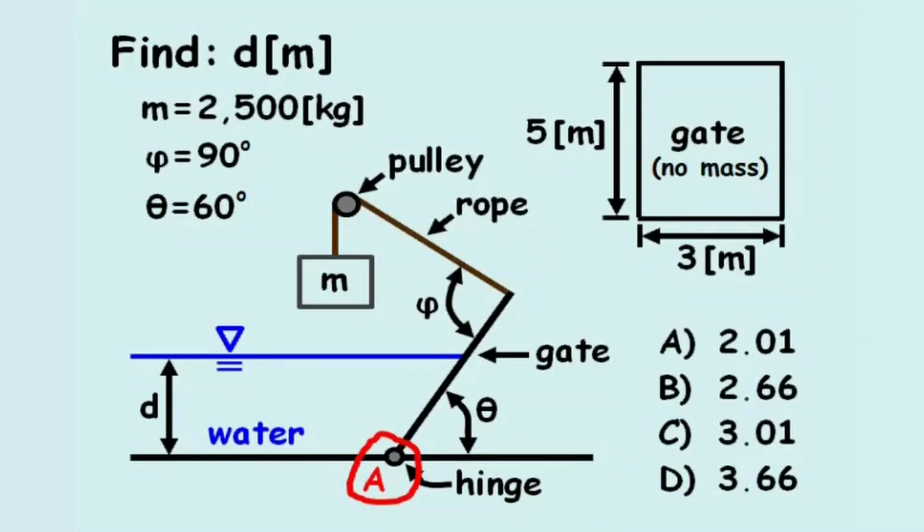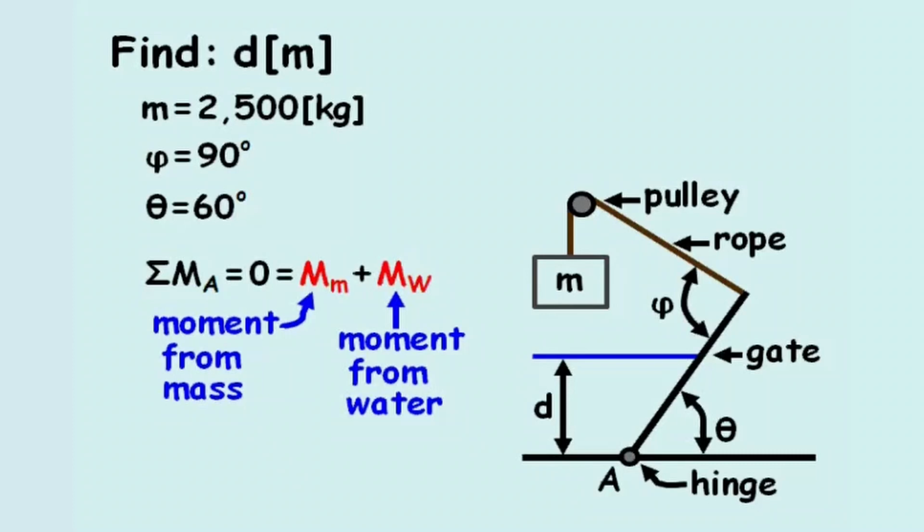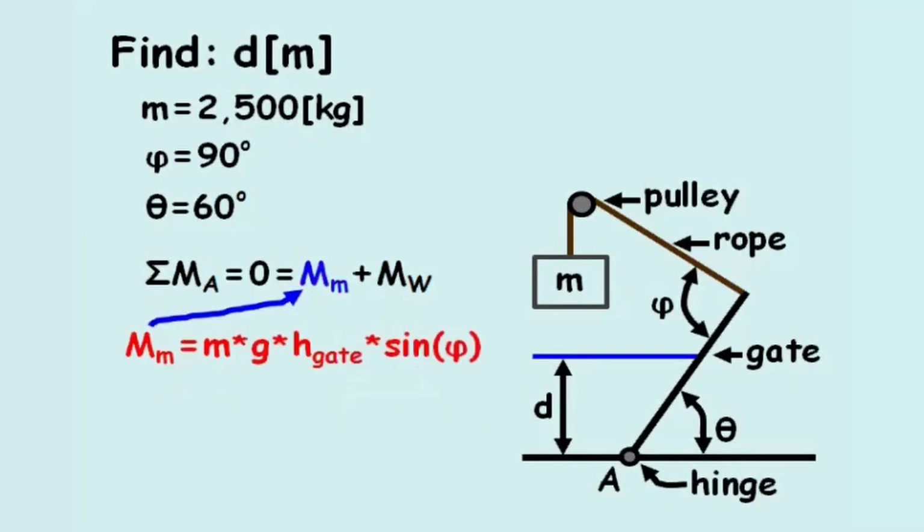The sum of the moments about point A equals the moment caused by the mass pulling the rope, Mm, plus the moment caused by the water, Mw. We'll first compute the moment from the mass, Mm, which equals m times g times the height of the gate times the sine of angle phi.